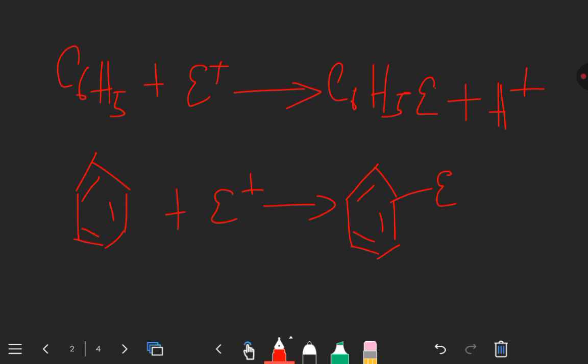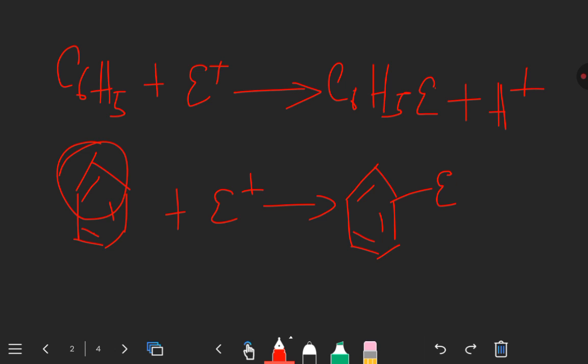One thing we need to understand about this reaction is that benzene contains pi electrons which are delocalized. There is a delocalized pi electron system above and below this compound, which is benzene.